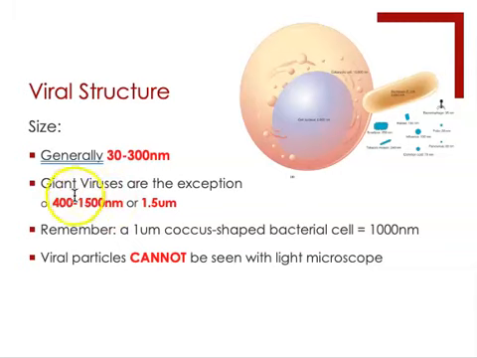And of course, 1500 nanometers would be the same as 1.5 micrometers. Remember, coccus-shaped bacteria tend to be about 1 micrometer across. So giant viruses are the same size as certain types of bacteria.